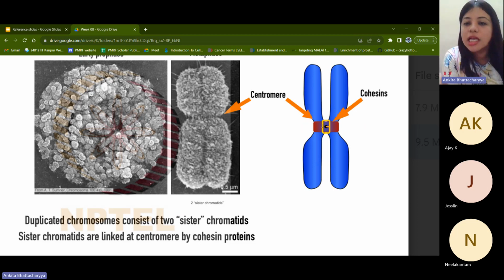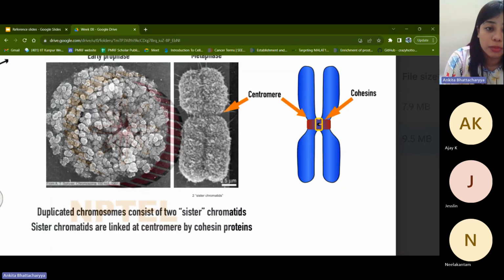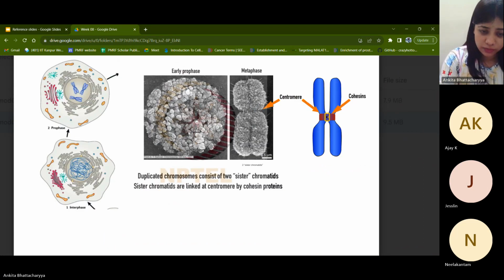The 2 sister chromatids are glued together or cinched together by the cohesin proteins, and that is occurring at the center of the chromosome, which you can see in this electron micrograph as well. They are forming this sort of cinched structure, and that portion is what you understand as the centromere of the chromosome.